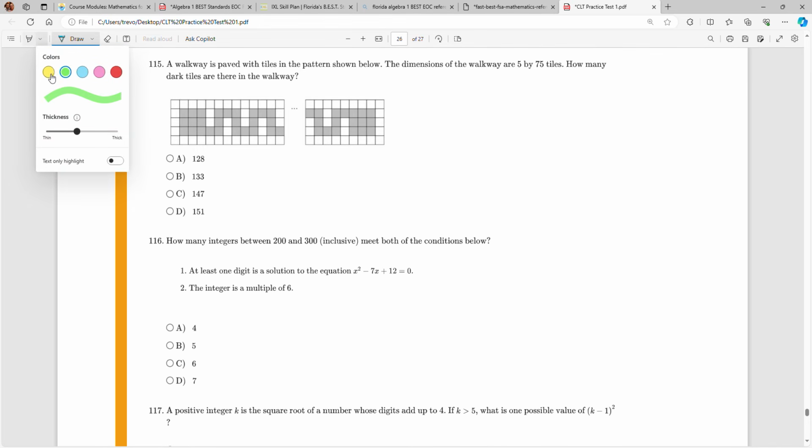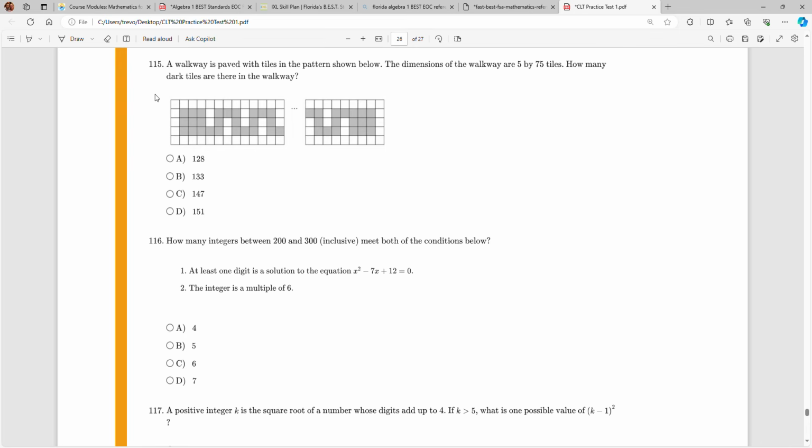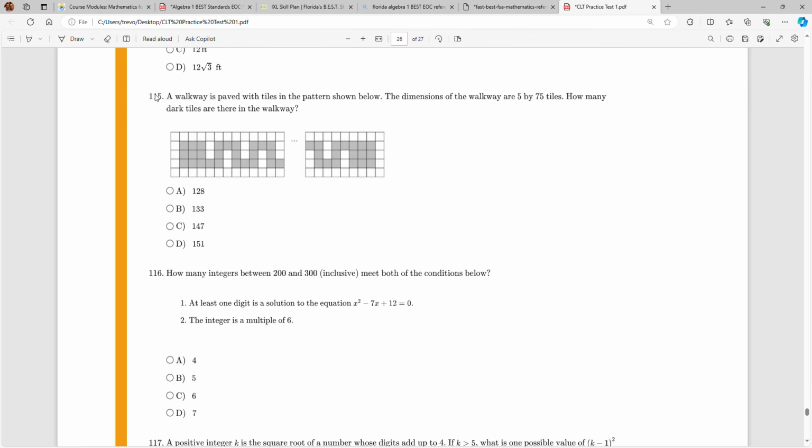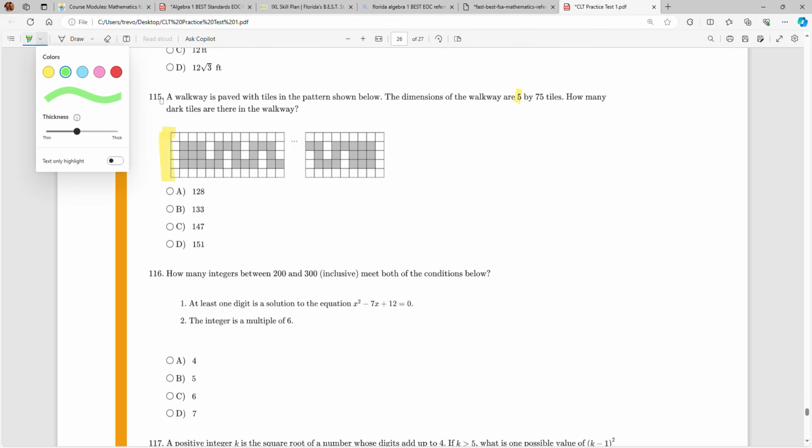So I can see my 5. Going this way, 1, 2, 3, 4, 5, right? So we got the 5, but they did not show us all 75 going across.